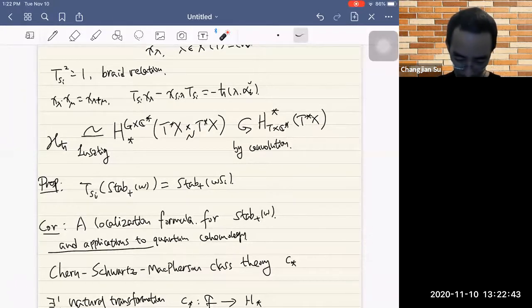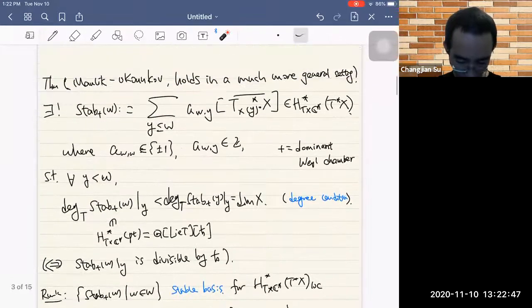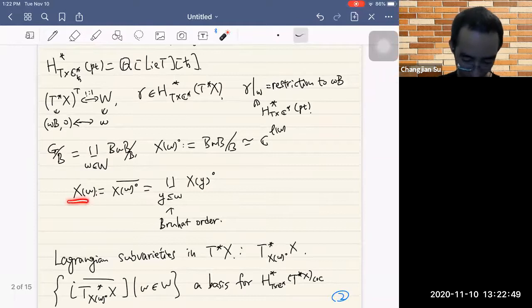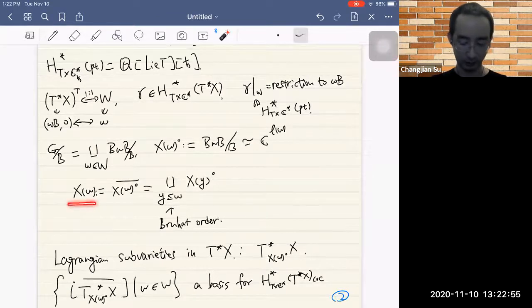The fundamental classes of the Schubert varieties give you a basis for the cohomology of the flag variety. And this basis behaves very well under the BGG operators, the push-pull from G/B to G/P_i, where P_i is a minimal parabolic subgroup.